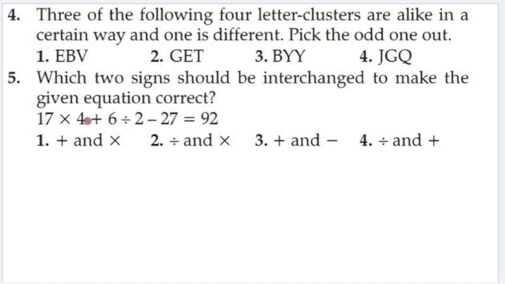But if we see this plus, these small changes could affect this 92. So we are changing this plus sign and this minus sign. So by interchanging this minus and the plus, we will get the answer.